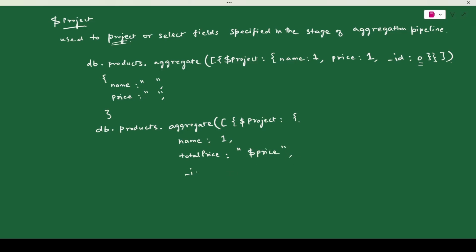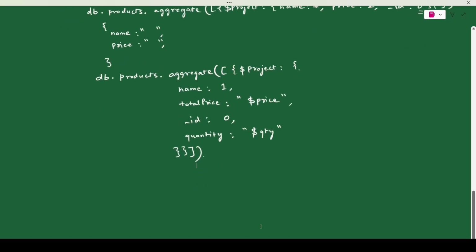I want _id as 0. I want quantity, so this is qty, and we will be closing this. So yeah, this is the sample query for your project stage.